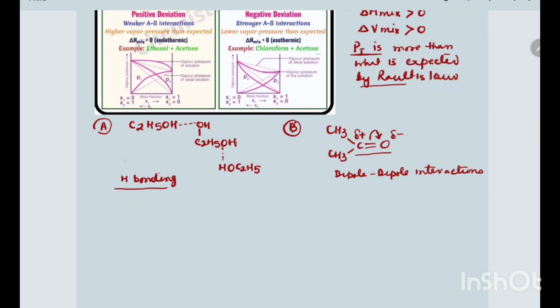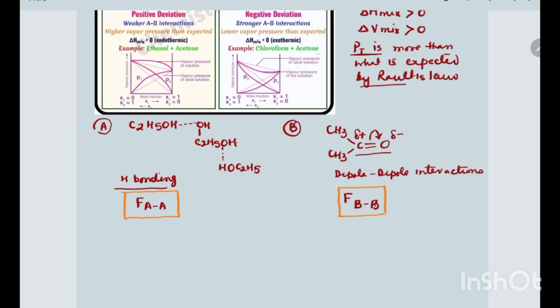So this hydrogen bonding we can call FAA interaction, because this is between component A's particles, and this dipole interaction we can denote by FBB. Hydrogen bonding exists between component A, and dipole interactions exist between component B.